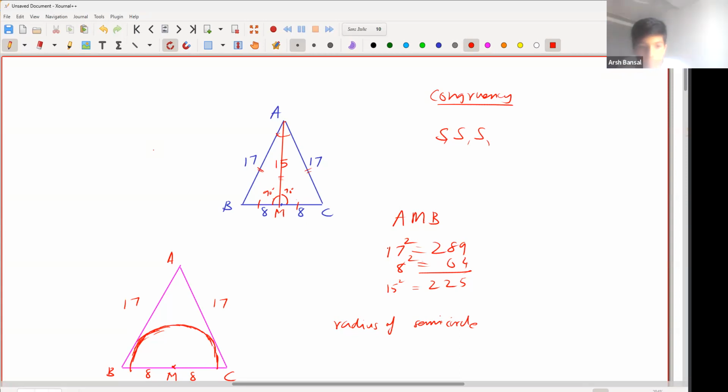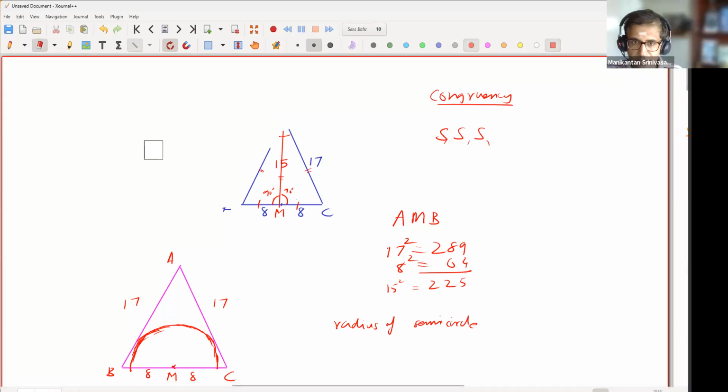Oh, okay. So let me just delete the upper picture so that it's not confusing. So it is given, Arsh. This diagram is given to you. As it stands, it's given to you.